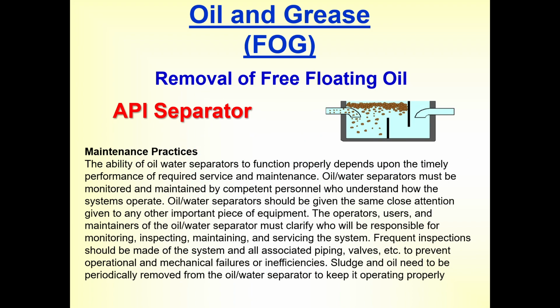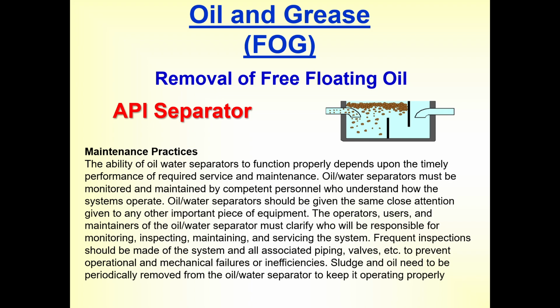The ability to separate the oil depends upon timely performance being needed, so it has to be closely operated, monitored and inspected. It has to be properly designed. Frequent inspection also has to be done, because of the sludges, walls and associated piping.